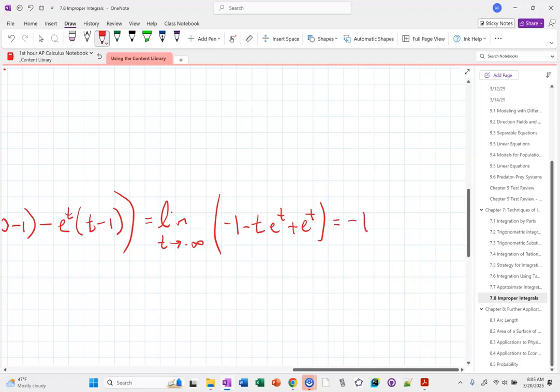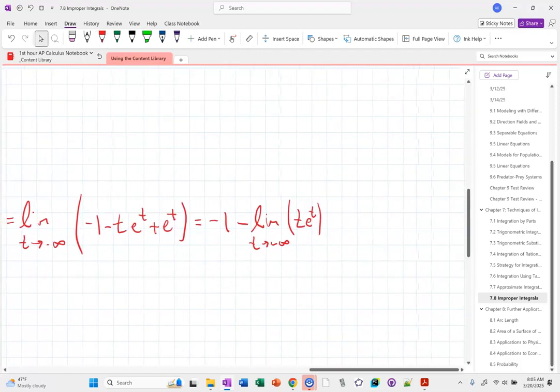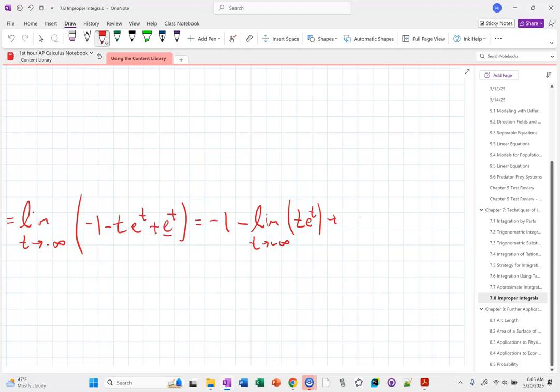So the negative 1, when I take the limit of that, nothing changes, right? Not entirely obvious what that's going to be. But what's the limit as t goes to negative infinity of e to the t?